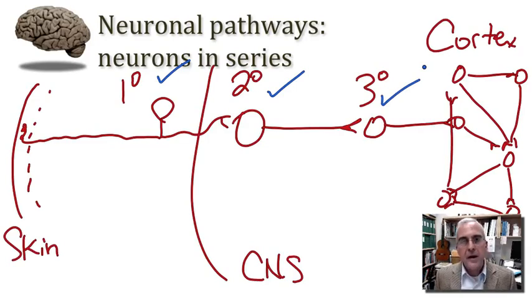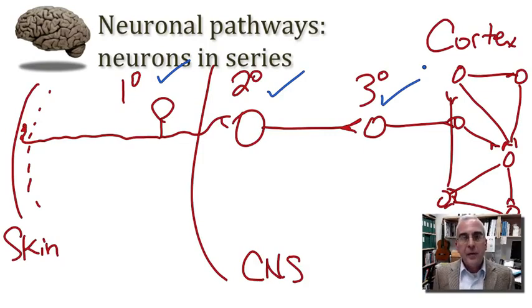But the pathway is essentially a set of neurons that are connected in a serial fashion. And this allows neural signals to be generated at some receptor surface and then be transmitted into the nervous system, ultimately to be processed at the level of the cerebral cortex.